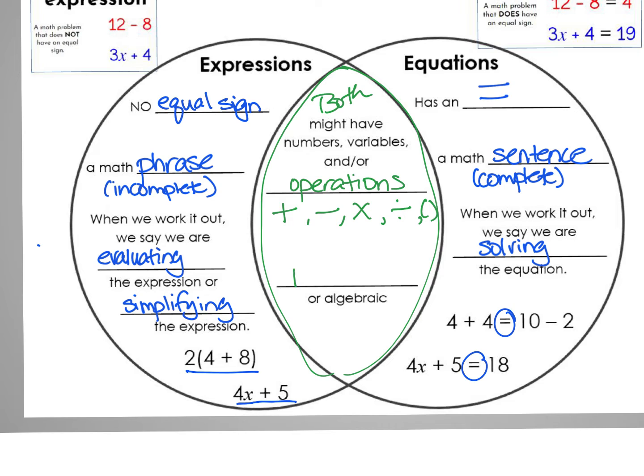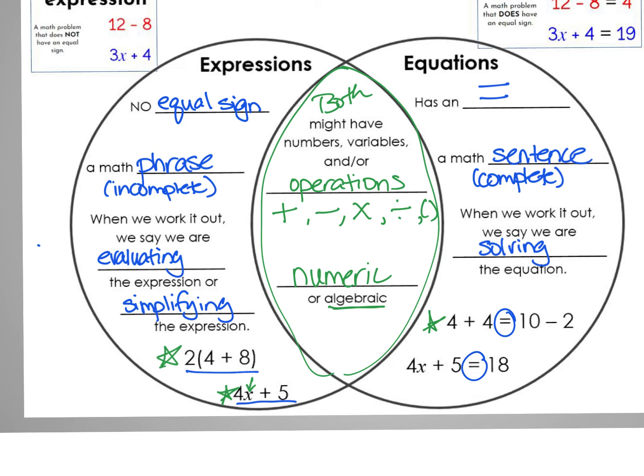And they could be numeric, which means they just have numbers and symbols, like this one right here, 2 times 4 plus 8, or this one, 4 plus 4 equals 10 minus 2. Or they could be algebraic, which means they have a letter in them. So we have an algebraic expression here, 4x plus 5, because it has an x in it.